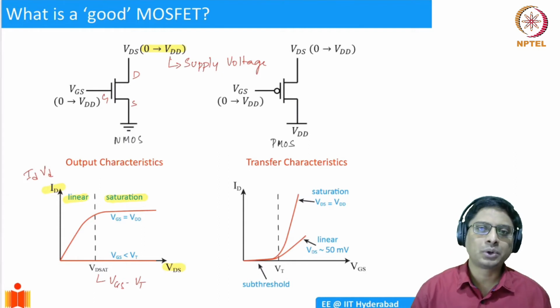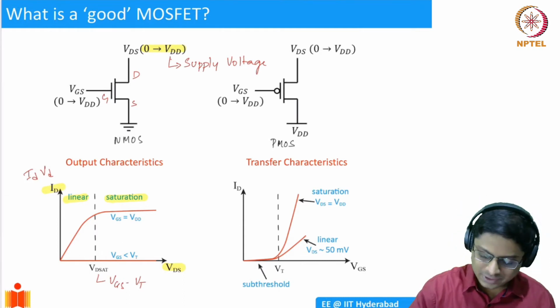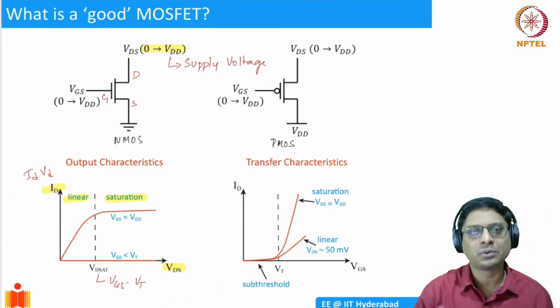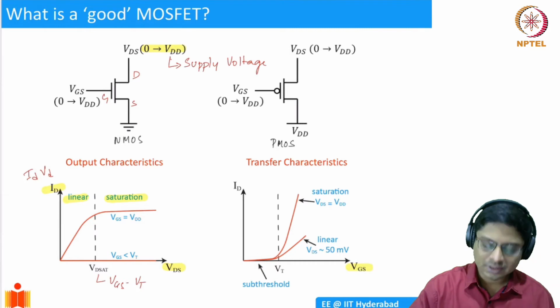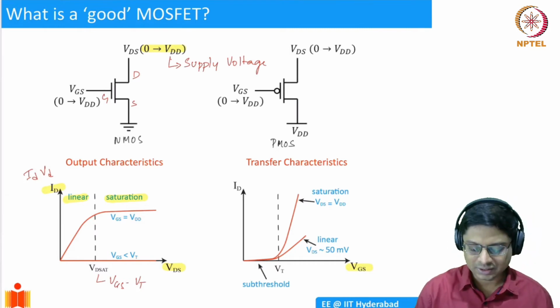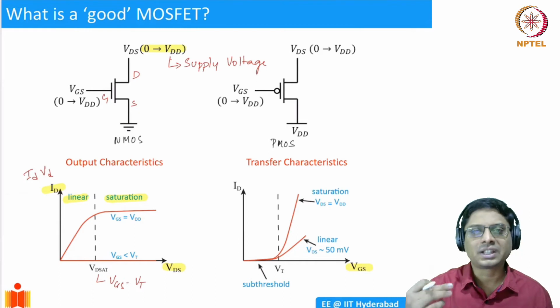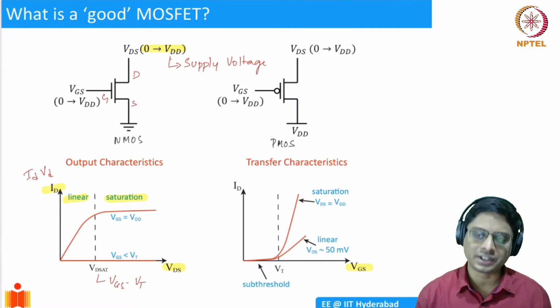There is also one more type of characteristic which we can measure, which we call transfer characteristics. In this case, we will keep the drain voltage fixed and then sweep the gate voltage. When we do that, we can choose the drain voltage to be a small number, like 50 to 100 millivolts, and if we do that, the MOSFET will be biased in the linear regime.